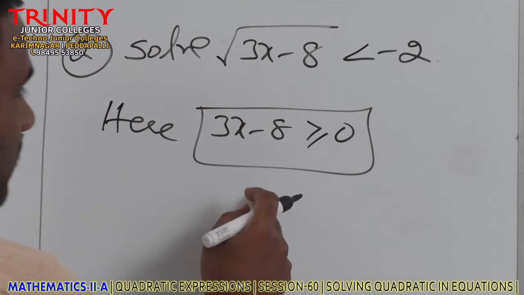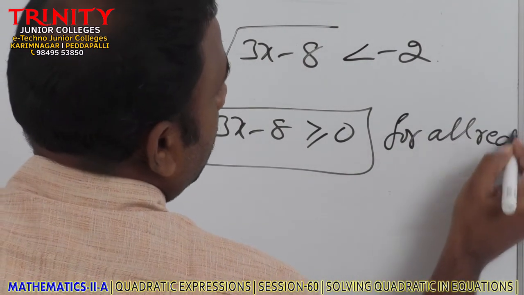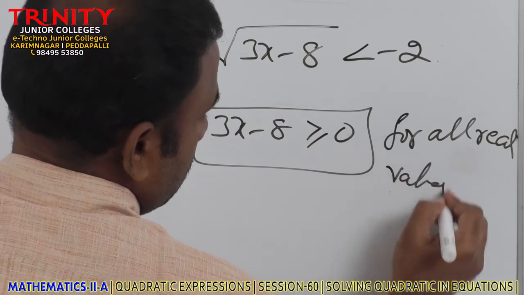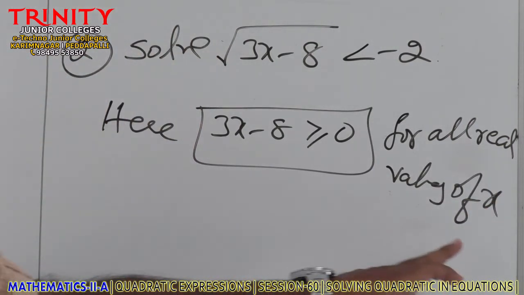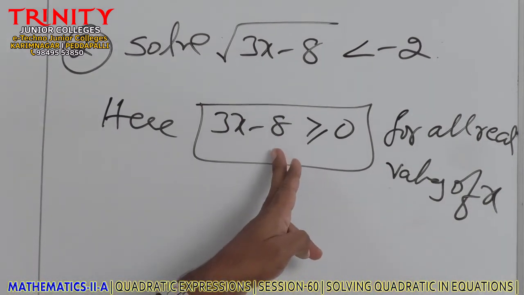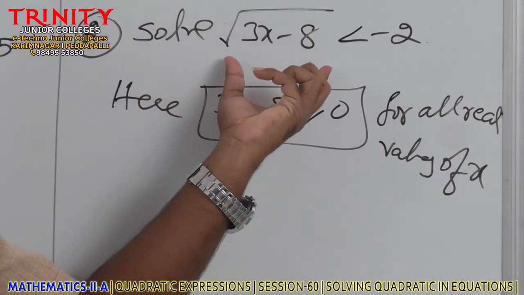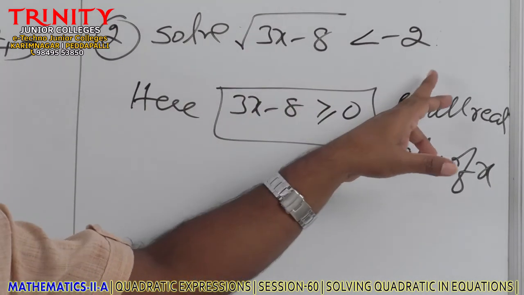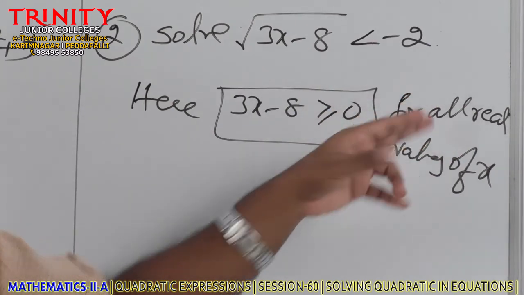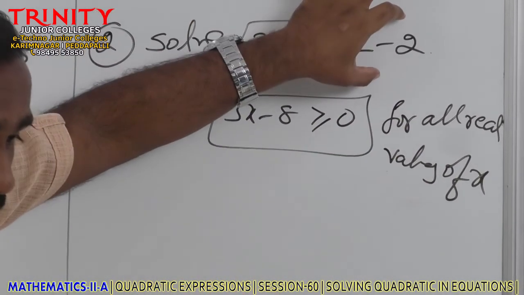For any real number, it is always greater than or equal to 0. The root of a negative value is not defined, which means it should compulsorily be greater than or equal to 0. But here it is given that it is less than minus 2. There is no chance to get this less than minus 2.